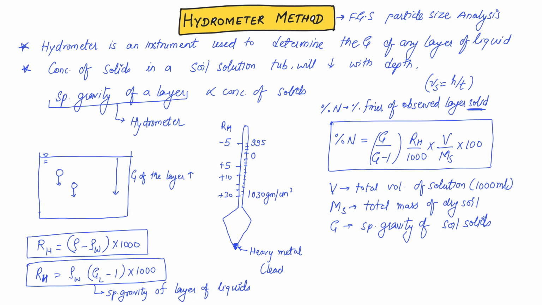But yes, there are some corrections that we do for the hydrometer method also, that we are going to study in our next lecture. But before that, please understand there are some assumptions. Now in this lecture I am going to tell you what the assumptions for the sedimentation analysis are.